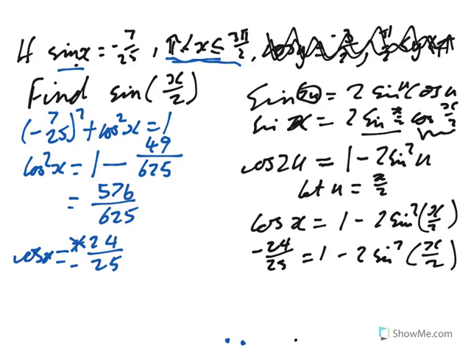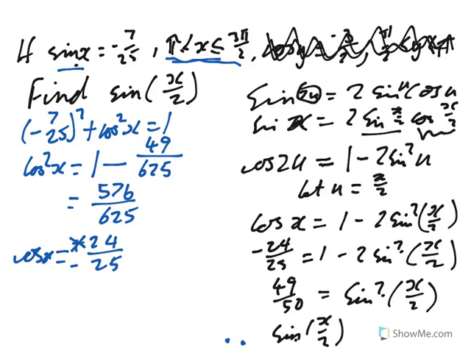What you then get is that 49 on 50 equals sine squared x on 2. So the sine of x on 2 equals plus or minus the square root of 49, which is 7, over the square root of 50. Okay, 7 over the square root of 50.